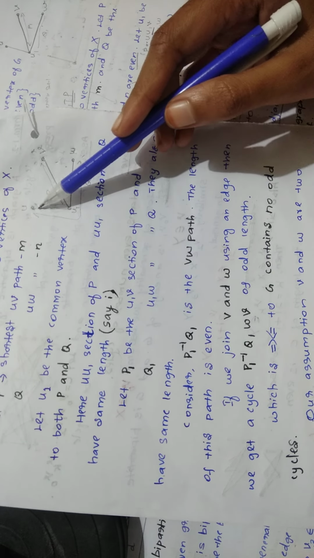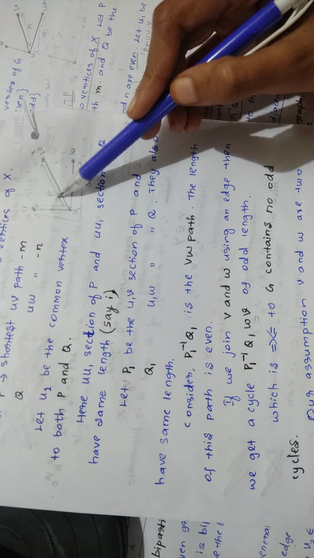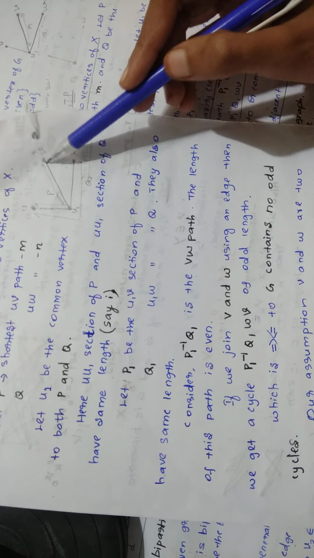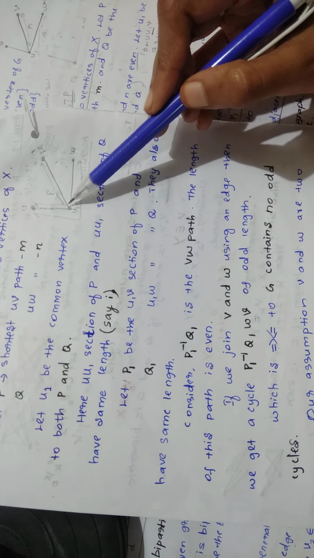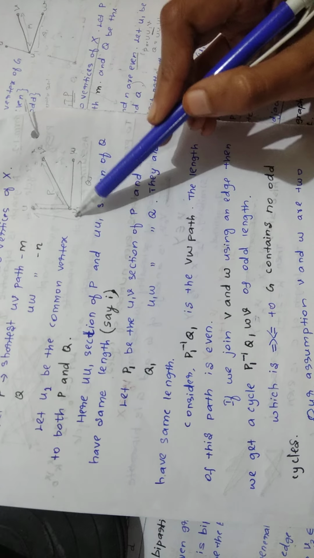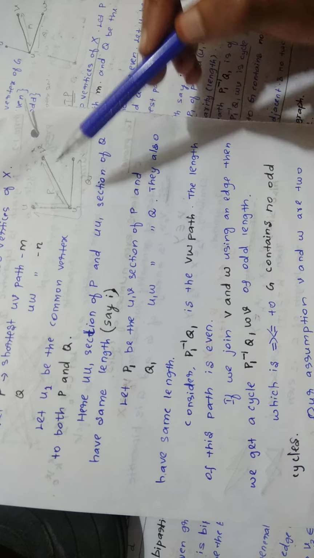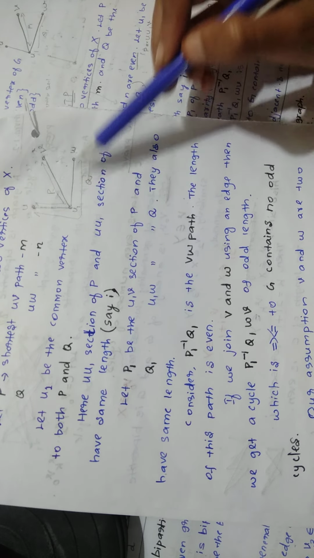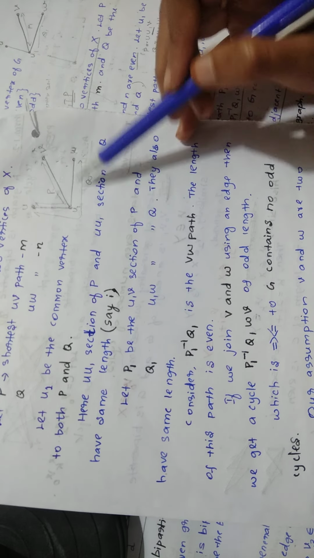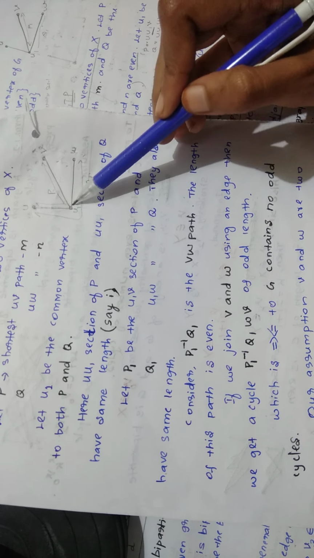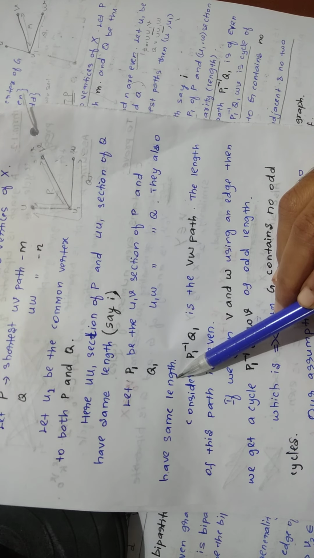In the earlier step we denoted the UV path as P and the UW path as Q, and now you are denoting the U1V section of P as P1 and the U1W section of Q as Q1. And we are saying that they also have equal length.